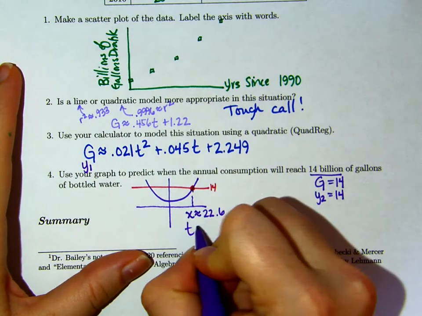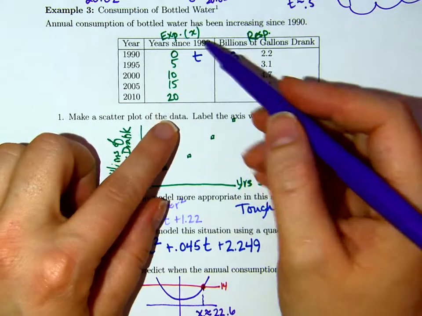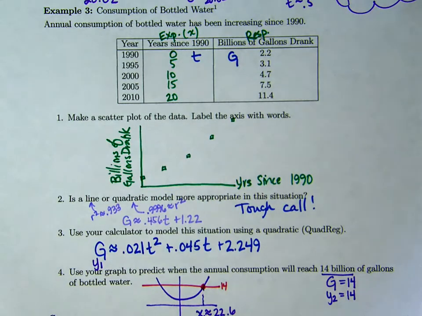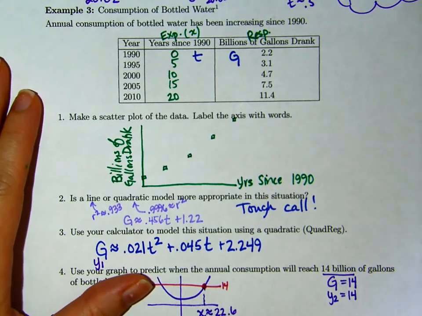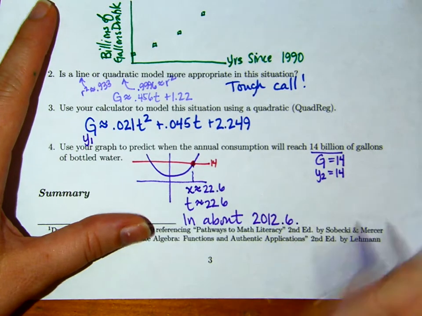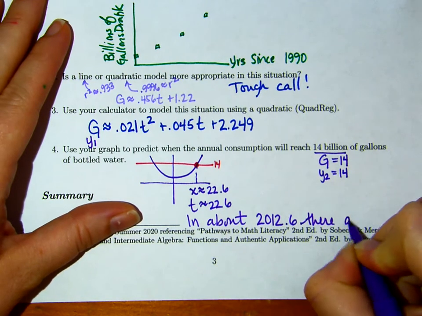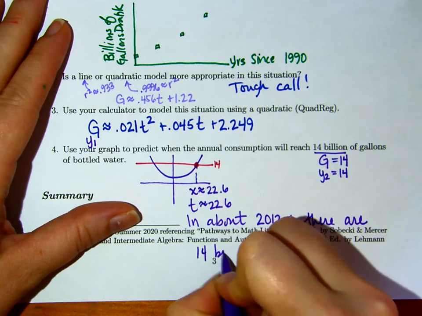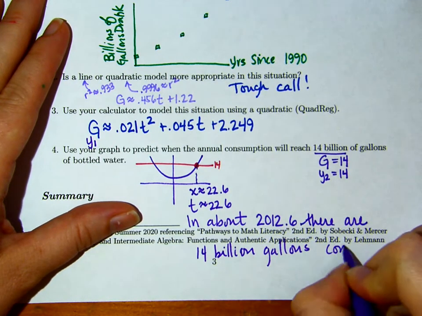So t is approximately 22.6, which means, what year is that? 1990 plus 22.6 years, in about there are 14 billion gallons consumed in the US.